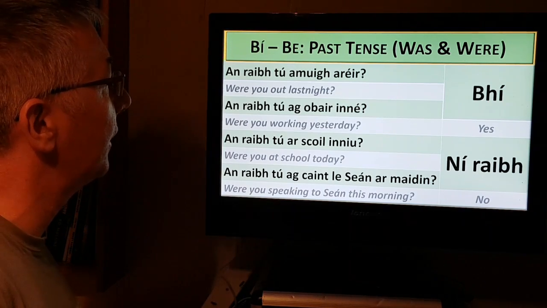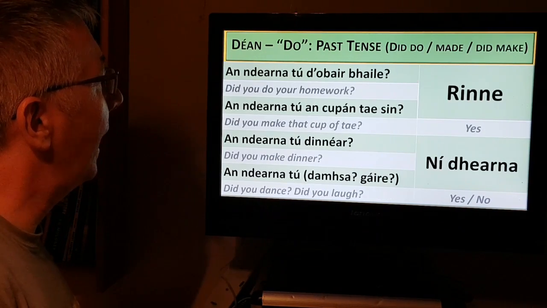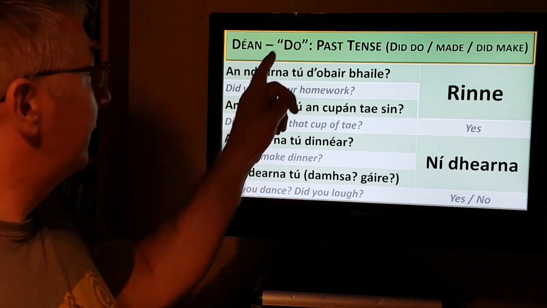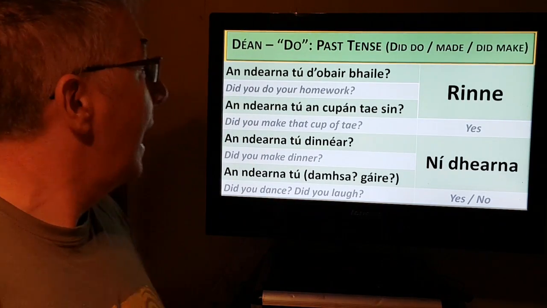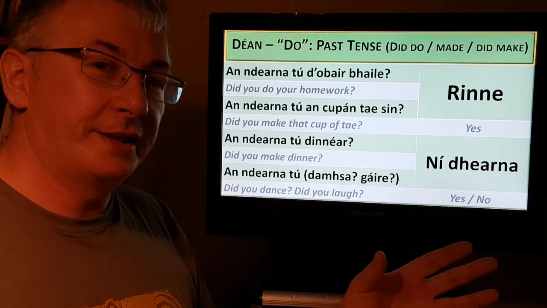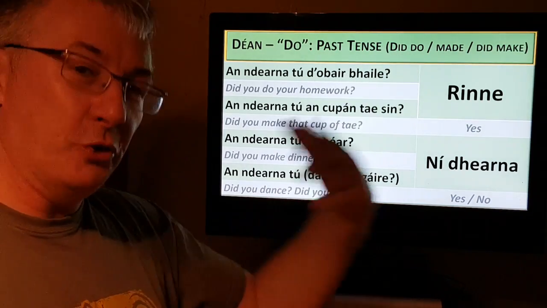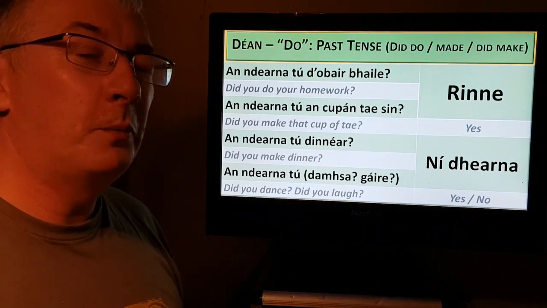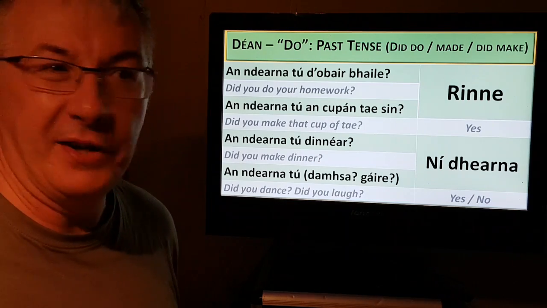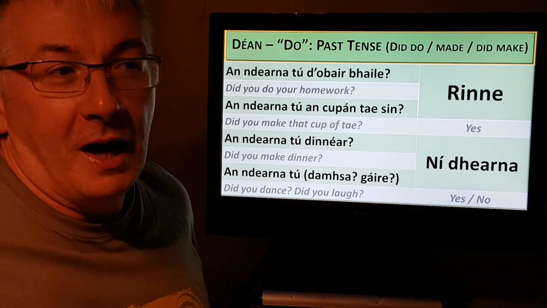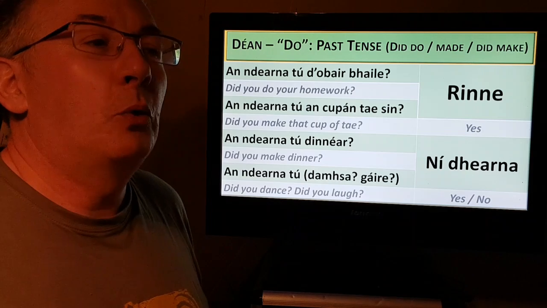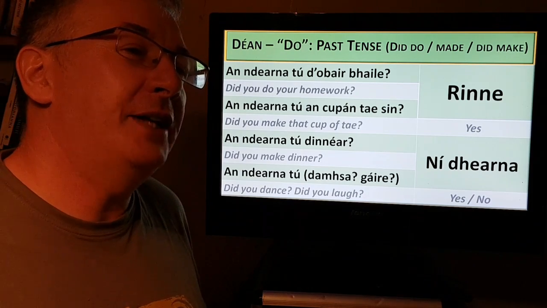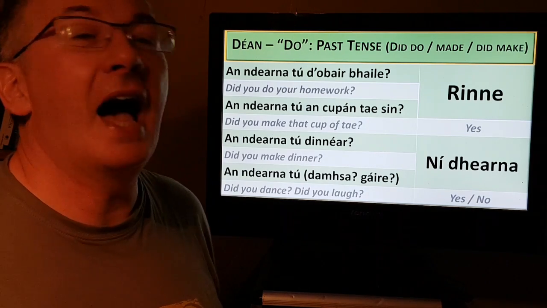The next one now that we had is 'déan', the verb to do or make. And the past tense of that in English, what's that? Well, it is did do. I know up around this neck of the woods we would say done, I done my homework. I suppose technically you're not supposed to say I done, you're supposed to say I have done.